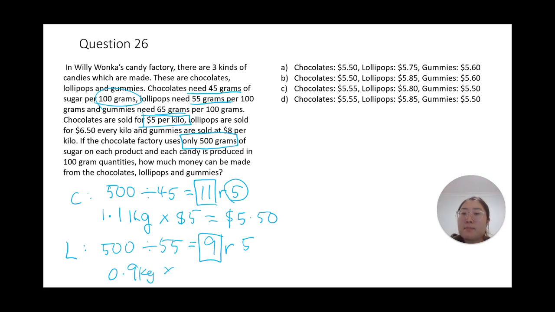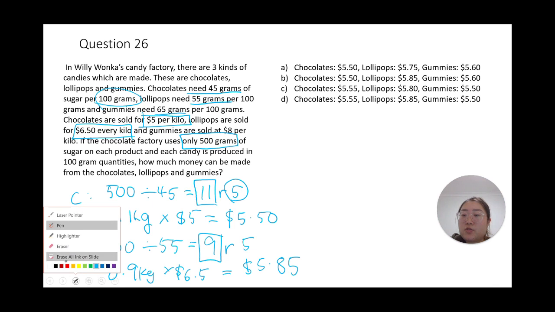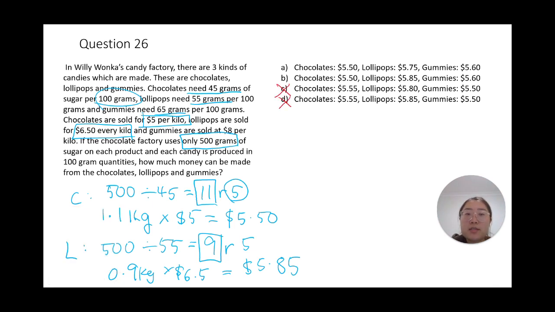I'm going to times that by how much the lollipops are sold, 6.5 per kilo. When you solve that out, you get 585. So from here, let's try and see if the answers can be figured out. C is out from the chocolates and A is out from the lollies. So B is your answer. And obviously you can check with the gummies as well.